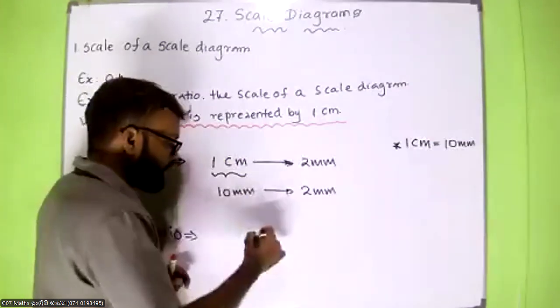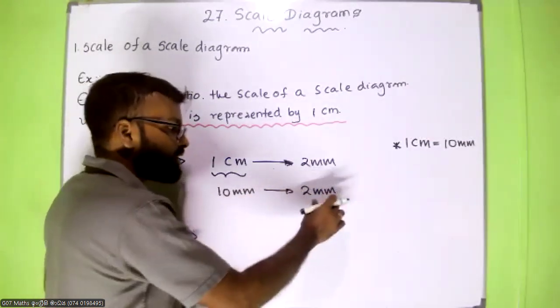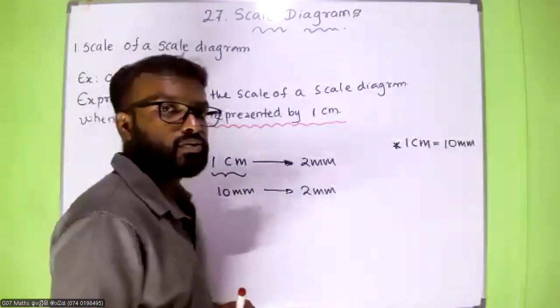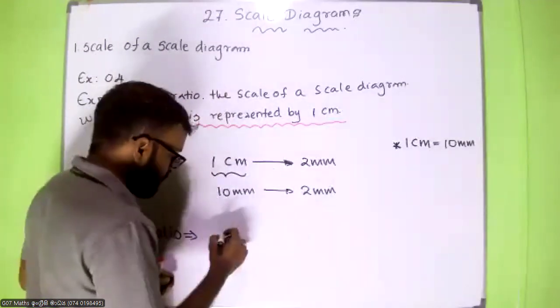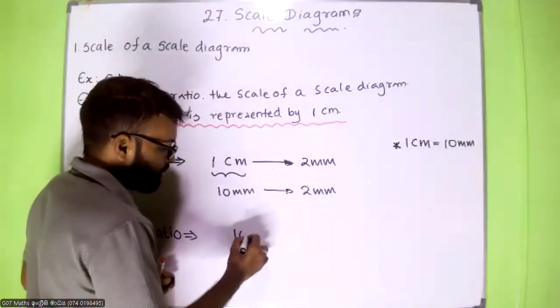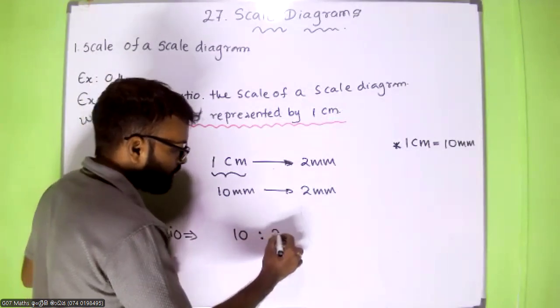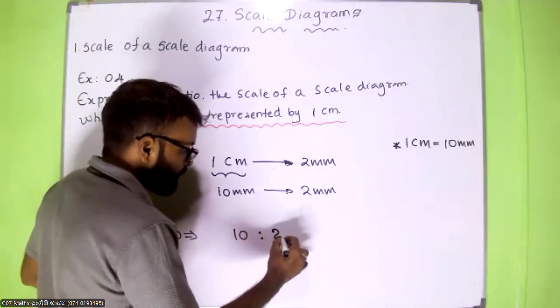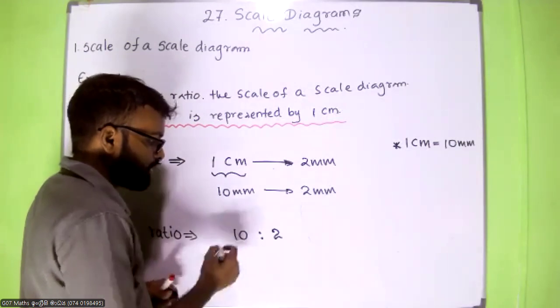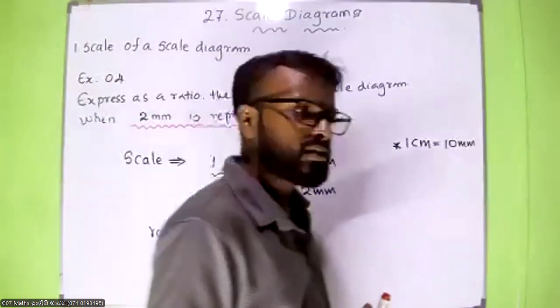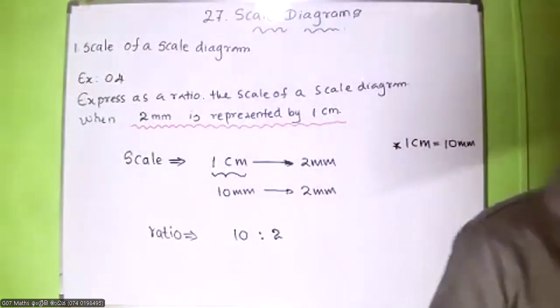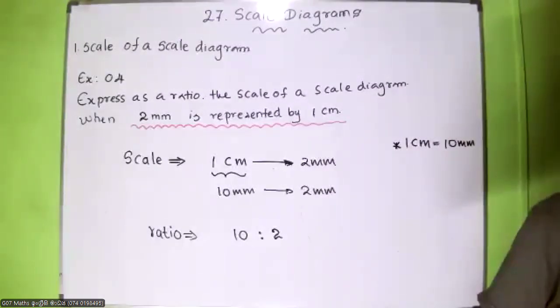Now this is in millimeters, this is also in millimeters. So now I can use the ratio, 10 to 2. Are there any common factors that you can find for 10 and 2?